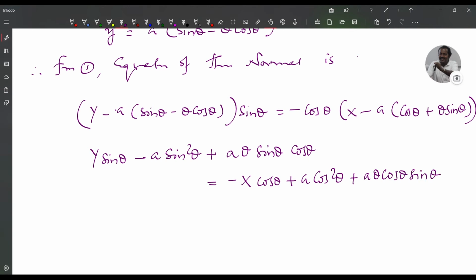So you can cancel a theta cos theta sin theta.